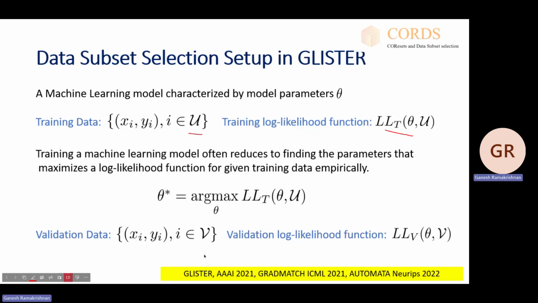The pink is the training data, the orange is the validation data. Is it visible?